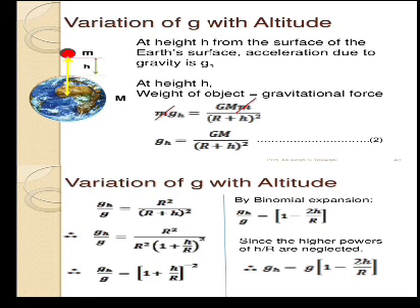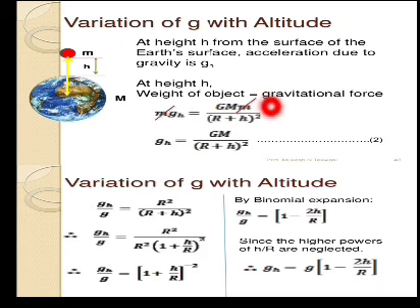Then variation of g with altitude. Altitude means height. At a height h from the surface of Earth, as shown here, this is the Earth's surface and the object is at height h. The acceleration due to gravity is assumed as gh at height h.